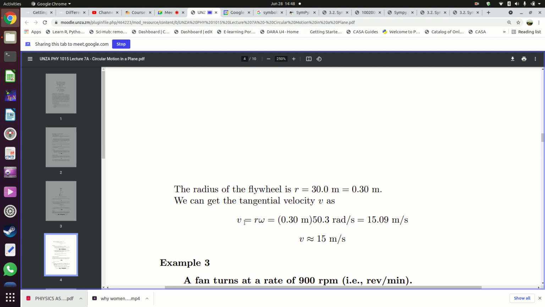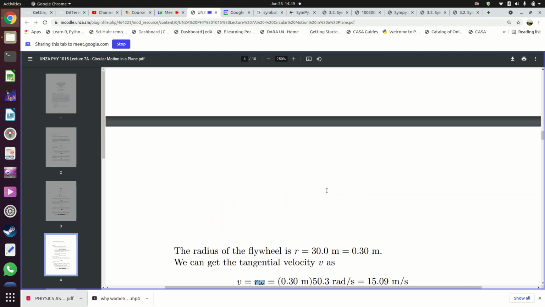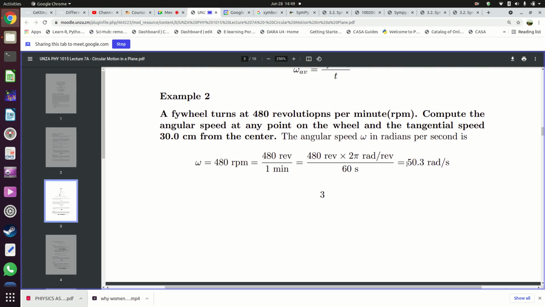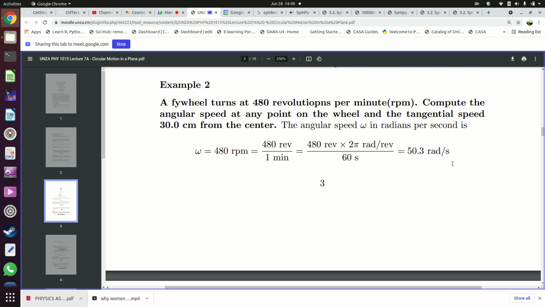Here, v is equal to r omega. So you can find out how much something is moving by multiplying the angular velocity times the radius. In this case, our angular velocity is 50.3 radians per second, multiplied by the radius.